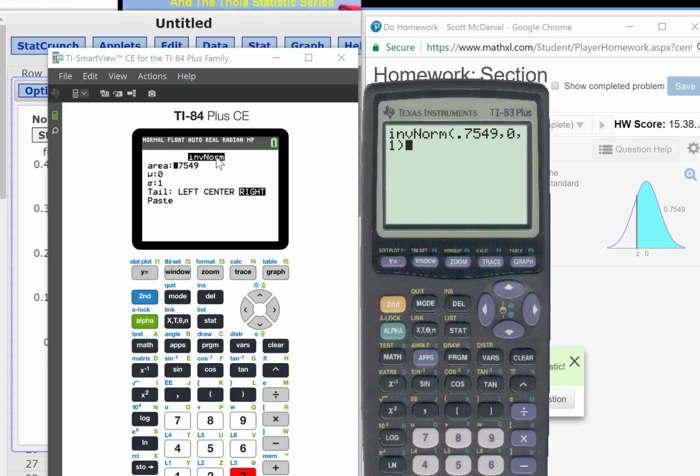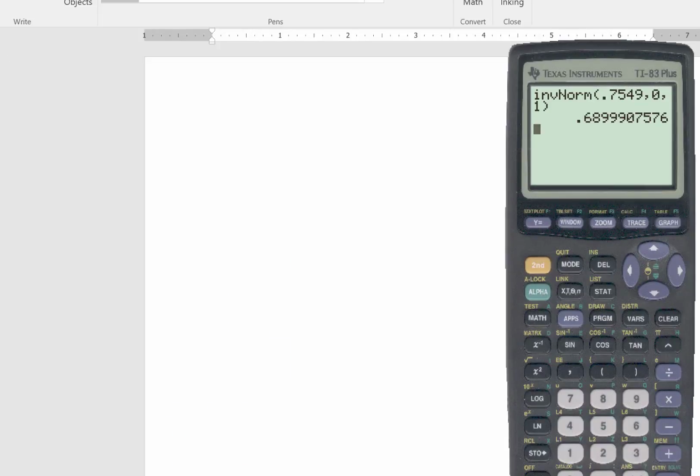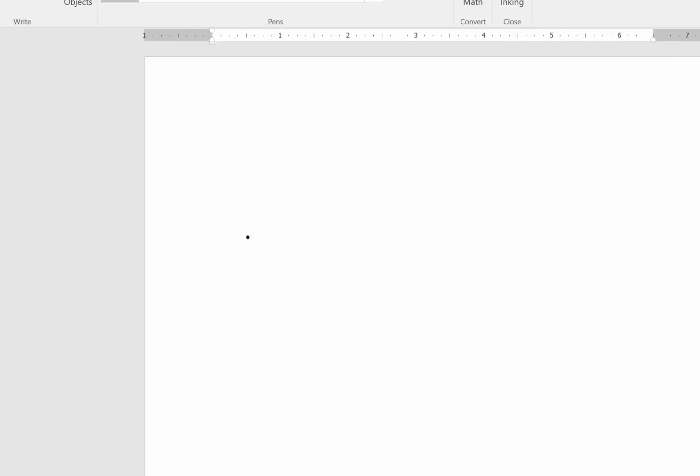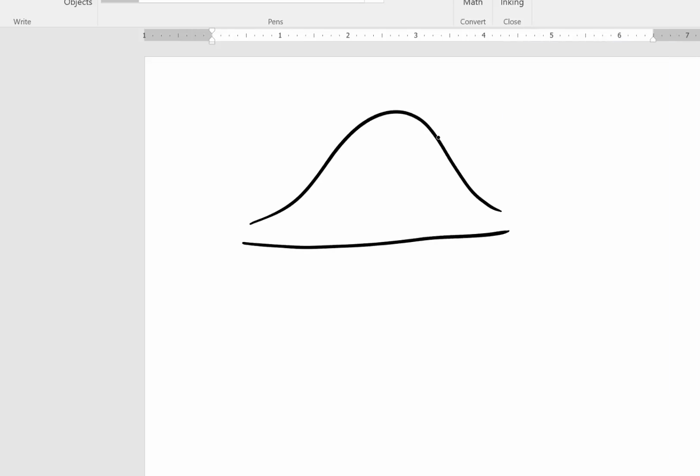Now what's going to happen is it automatically does left tail. So we have 0.6899 or 0.69. So what it did was when we graph this, when we put that value in, it automatically does it to the left.